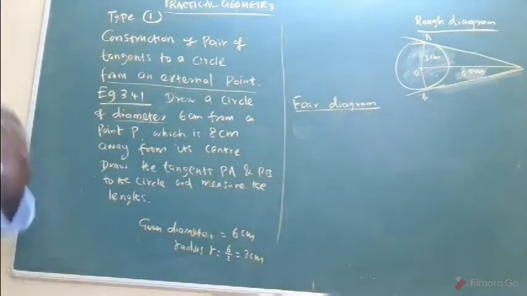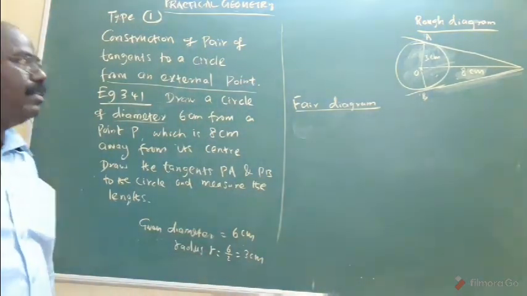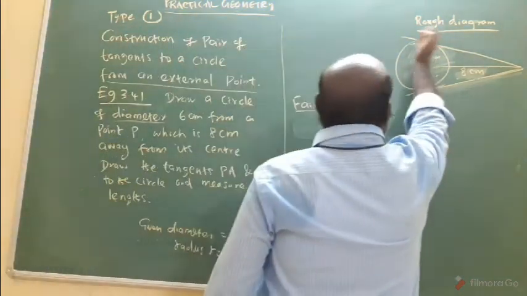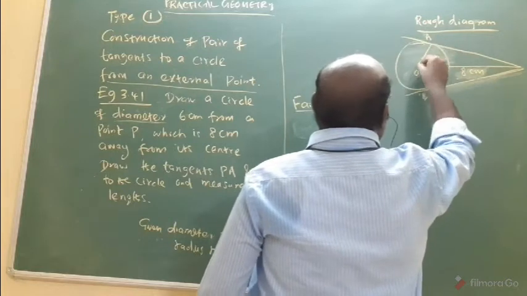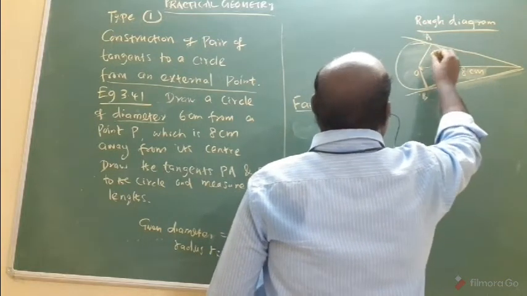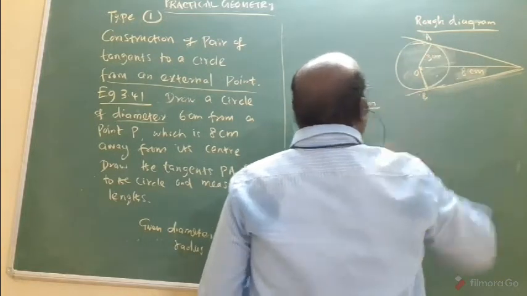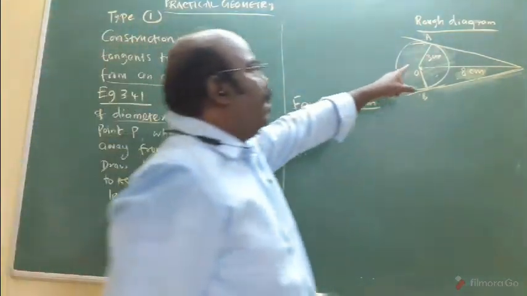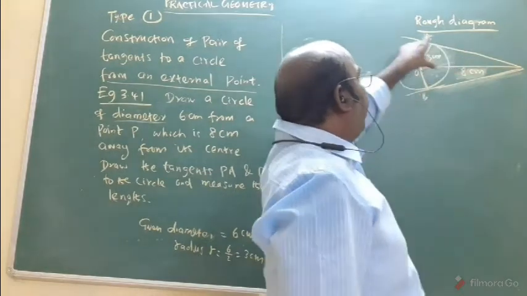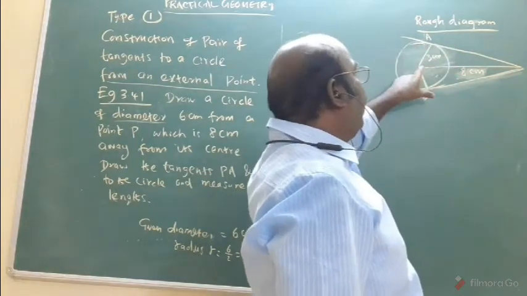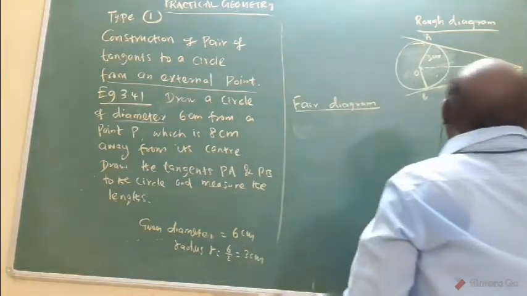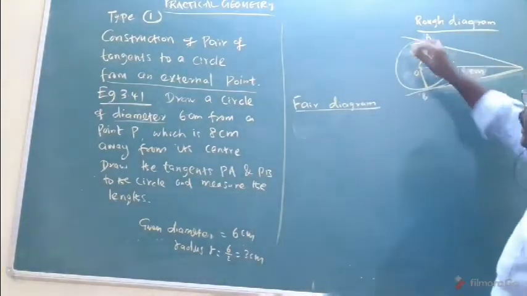Very, very important: diameter 6 cm is given, we want radius, that's why 3 cm. Am I right? P is 8 cm away from the center. Draw a circle of 3 cm radius, and 8 cm away from the center this will be P. Now from P, draw two tangents.